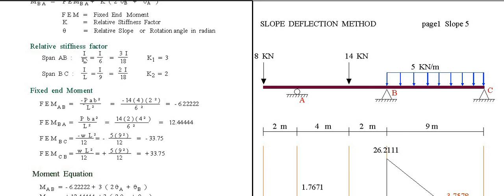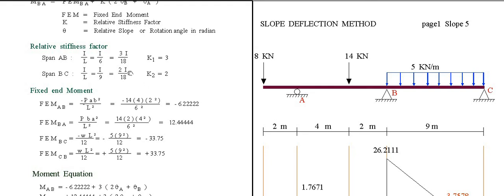So I over L is the stiffness factor. For the first span, we have I over 6, L is 6. Then for the BC, I over L is I over 9.